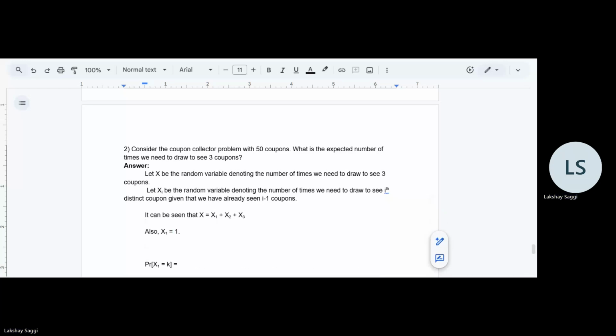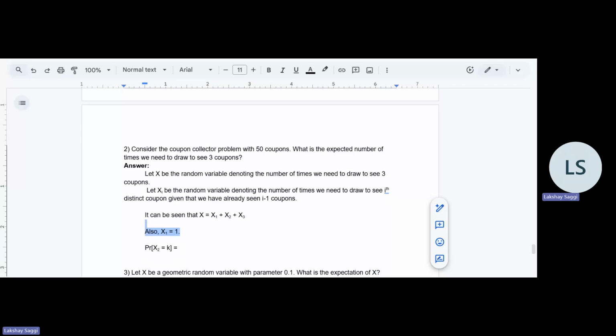And what's the deal with x2? What is the probability that x2 takes some value k, that is, we need to draw k coupons to see the second distinct coupon? Note that if we have already seen 1 coupon from x1, then there are now 49 coupons out of these 50 which will result in the second coupon being distinct from the first.